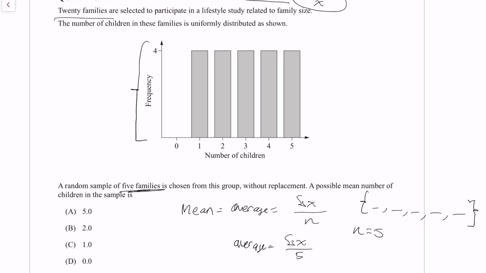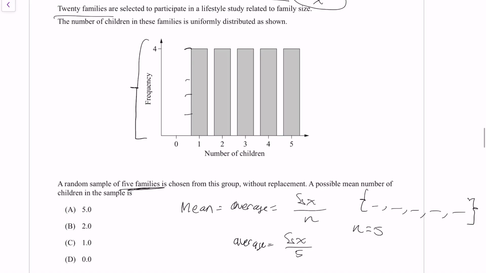So can we choose 5 of these families, and is it possible, whatever combination we make in terms of the number of children, to add those and get an average of 0?